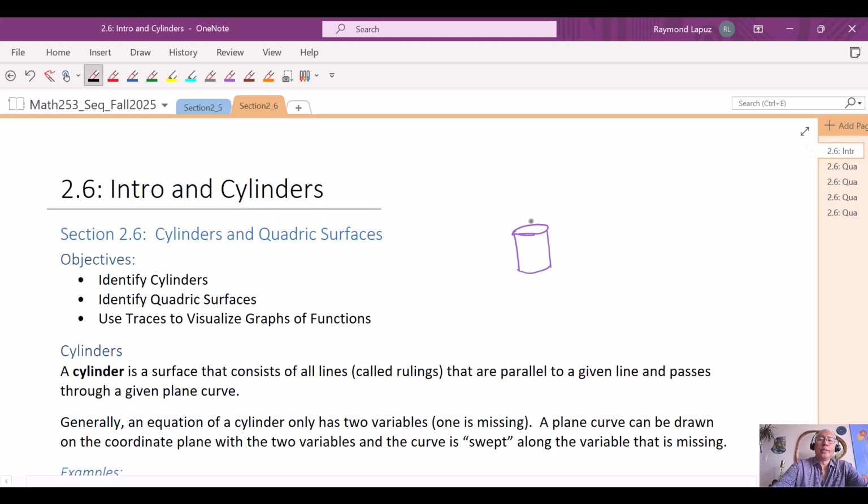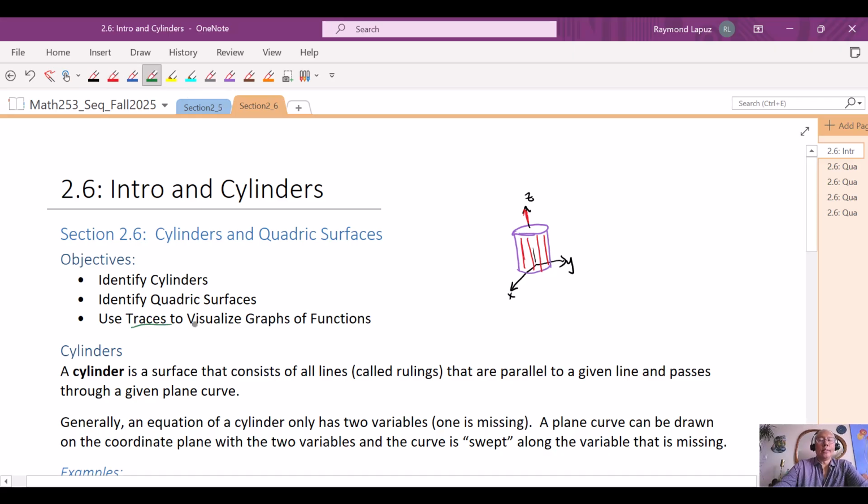So let's imagine this cylinder, and let's put the cylinder into our three-dimensional space, x, y, and z. And these rulings that they're trying to describe are lines parallel to the z-axis, and they run along and create this surface. Now, here they also talk about traces.